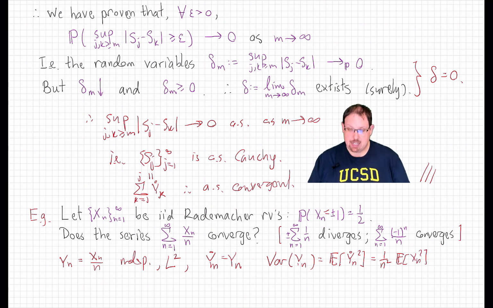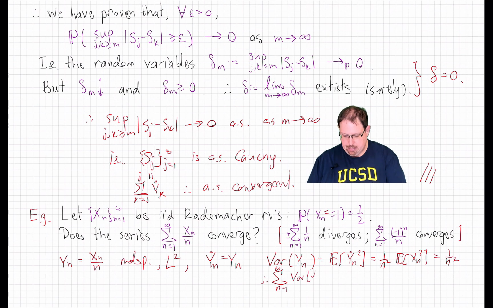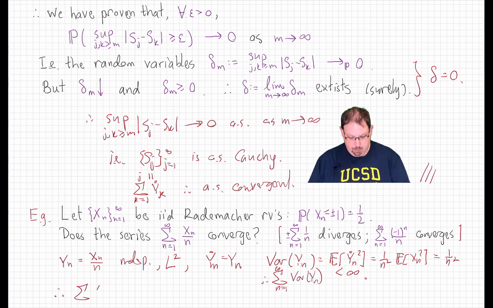But Xn takes values plus and minus 1, which means Xn squared takes value 1. It is just the constant equal to 1. So the variance here is always equal to 1 over n squared. Therefore, the sum of all the variances is the sum of 1 over n squared, which is finite. And therefore, by Kolmogorov's convergence criterion, the sum of Yn centered, which is the same as the sum of Xn over n, converges almost surely.